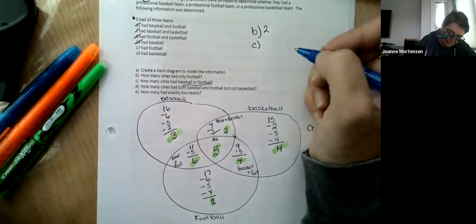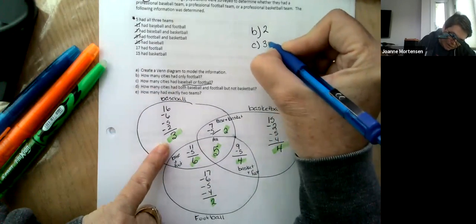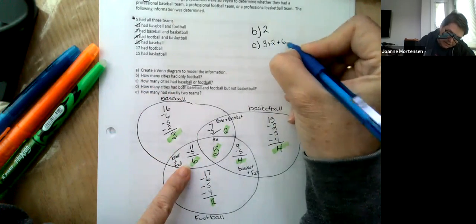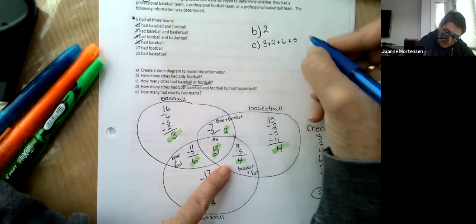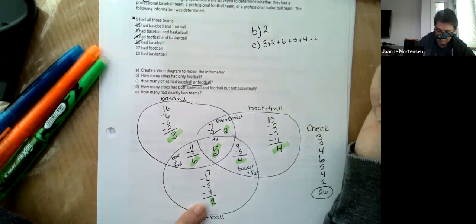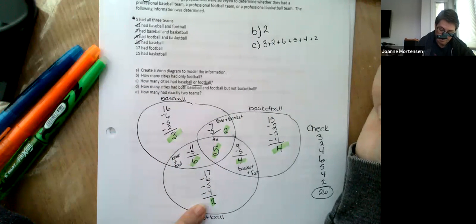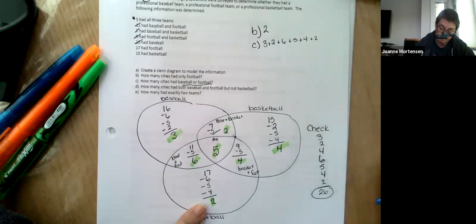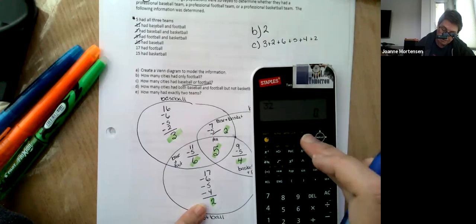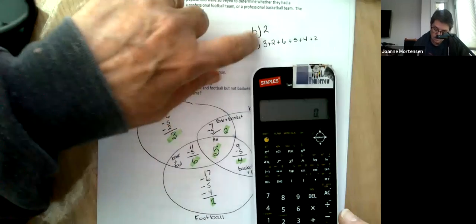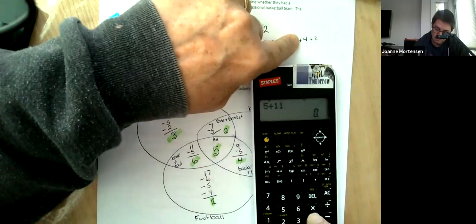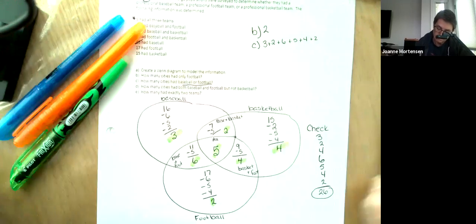Hide that. 3 plus 2 plus 6 plus 5 plus 4 plus 2. Now, I'm thinking that should be 22. I'll explain my reasoning in a sec. 3 plus 2 is 5 plus 11 plus 6, 22.